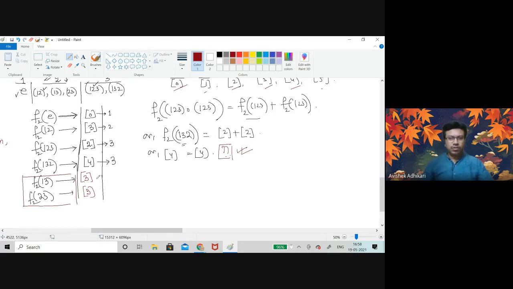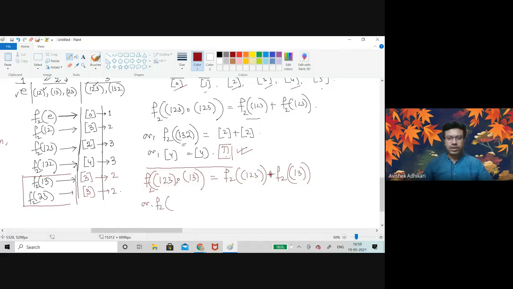So both of them are ordered, so this is order 2, this is order 2. So if I consider (1 2 3), f2 of (1 2 3) composition, say (1 3), according to, if this could be a homomorphism, then it should be f2 of (1 2 3) plus f2 of (1 3). So what is this value? F2 of what is this value?